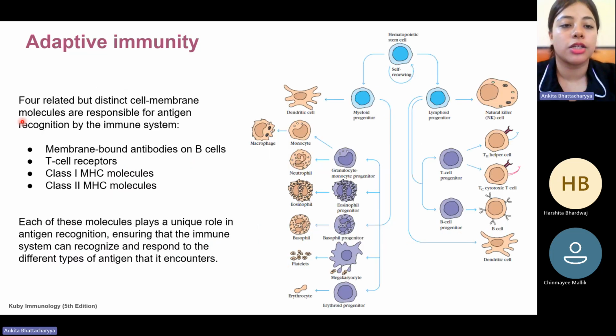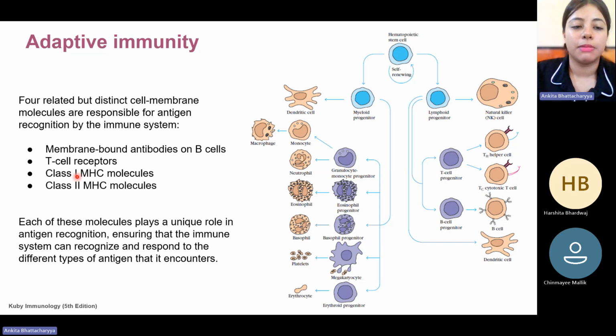Apart from that, we understood that there are certain cell membrane molecules which are also very important contributors. Like we just saw, of course, the membrane-bound B cell receptors and T cell receptors, and in addition other molecules, which we have discussed in a separate week's topics as well, which are the MHC molecules, or the major histocompatibility complex molecules.